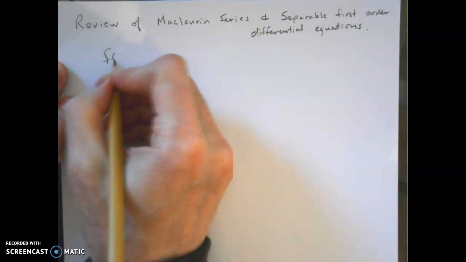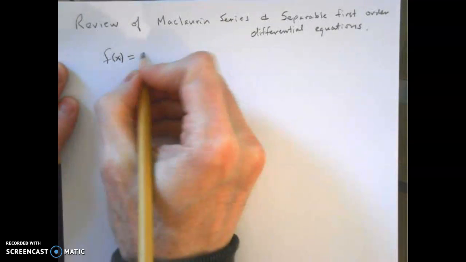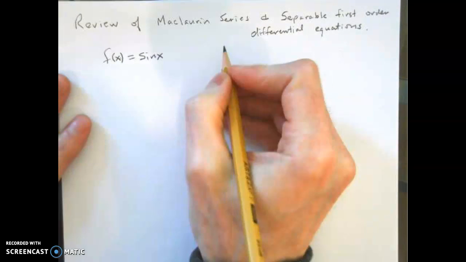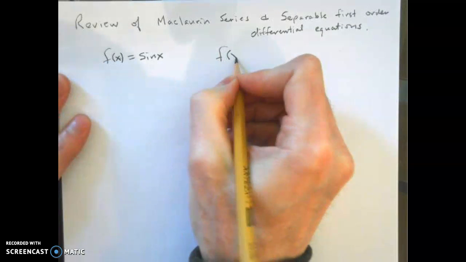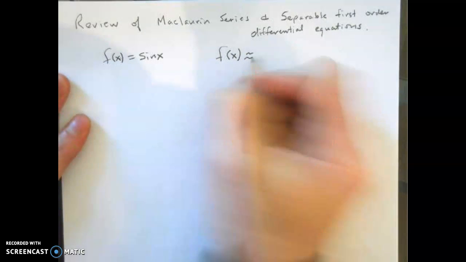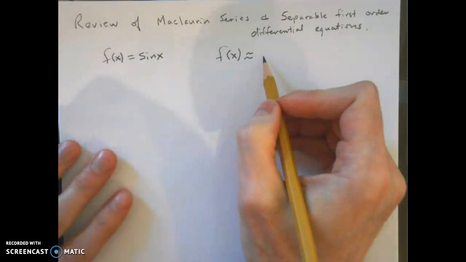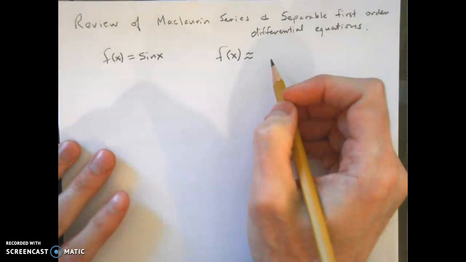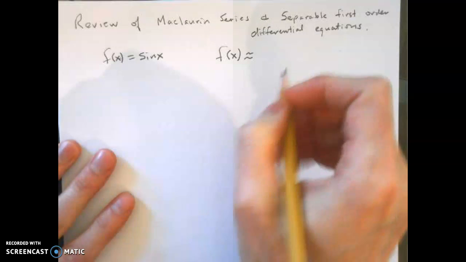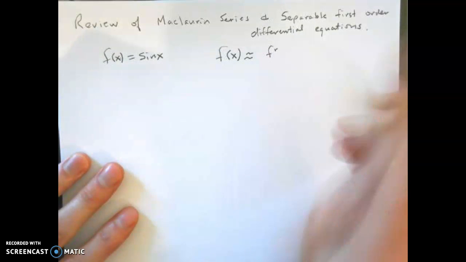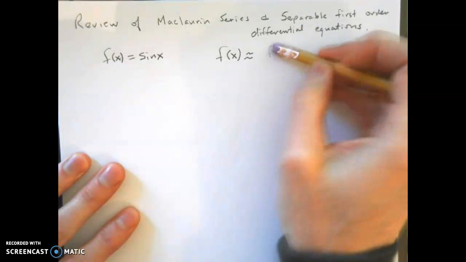So let's say f of x is sine of x. If we can remember how we generate a Maclaurin series, f of x is approximately equal, I say approximately because usually we don't list all the terms in the series. The usefulness is that we only have to list a finite number of terms of the polynomial series, and that's going to be a good approximation for our function. We take the nth derivative and add it all up, so we'll use a sigma.